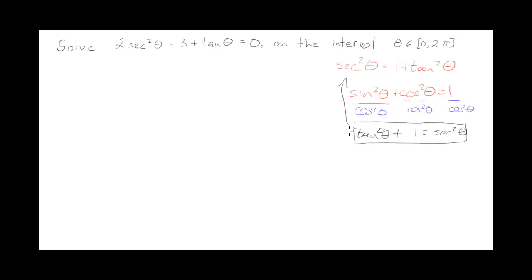So we're going to substitute this in for secant squared. Then we will have 2 times (tan squared theta plus 1) minus 3 plus tan theta equals 0.